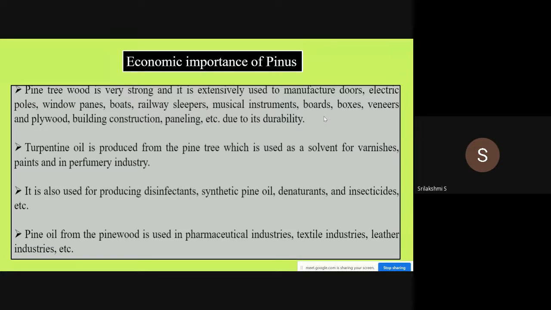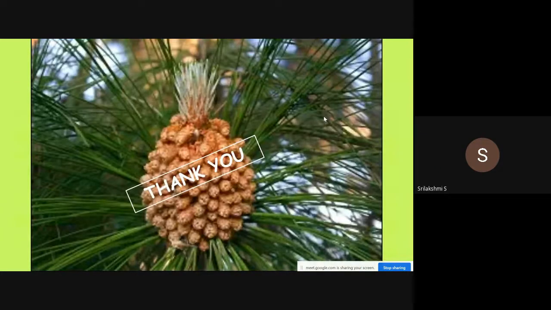Since the resin has some antimicrobial properties, it may also be used in production of certain disinfectants, pine oil. All these are very important disinfectant agents. And then they also have applications in pharmaceutical industries. These are a few applications or economic importance, I can say. So with this we complete Pinus.